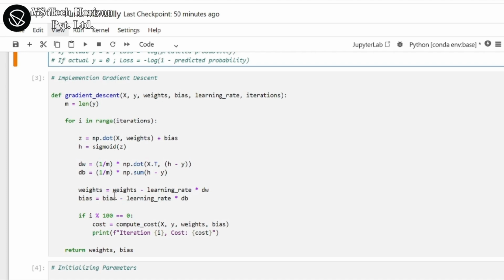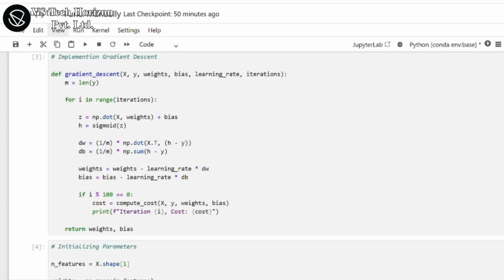In the next step, we monitor the cost. For example, every 100 iterations, we print the cost. And here, if the cost decreases, the model is learning correctly, and if the cost increases, the learning rate may be too large.